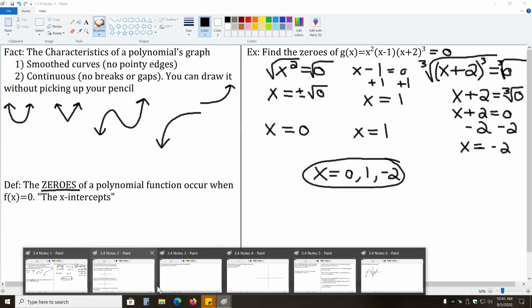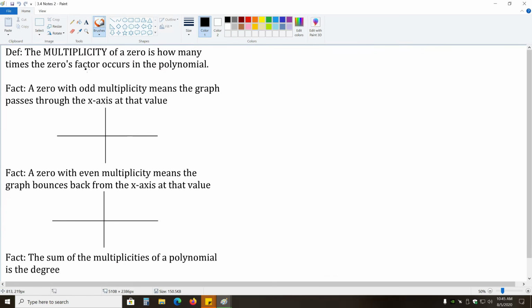Okay, so going from here, we can now define the term multiplicity that I brought up earlier. So we say the multiplicity of a zero is how many times the zero's factor occurs in the polynomial. Well, we know that whenever you're talking about something occurring more than once in a polynomial, meaning you're multiplying it out more than once, that's just another way of saying the exponent or the power.